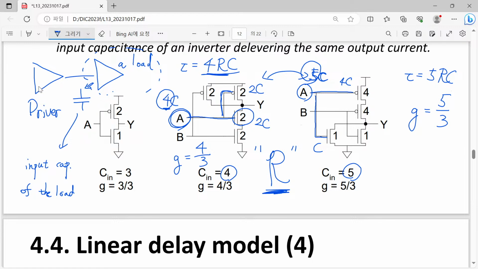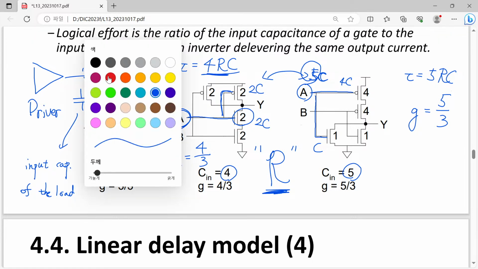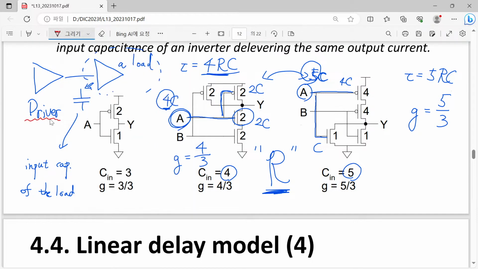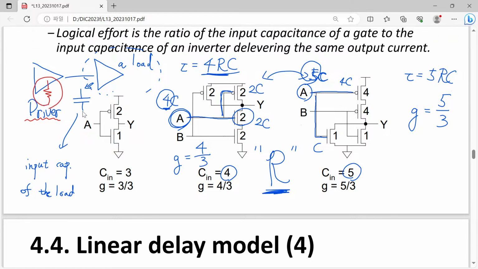And how about the resistance? The resistance comes from that of the driver. So this is the driver's resistance. The driver's resistance tries to charge and discharge the capacitor of our load gate. This is the situation.